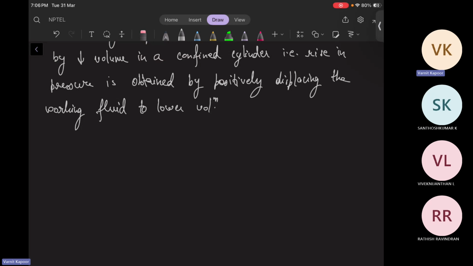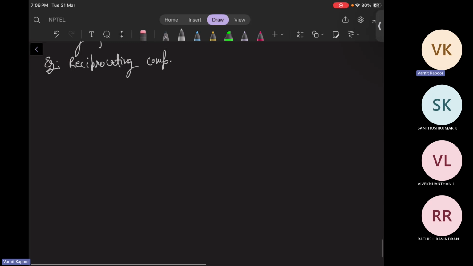Okay. Example, reciprocating compressor. Okay. The second is rotary or dynamic compressor.